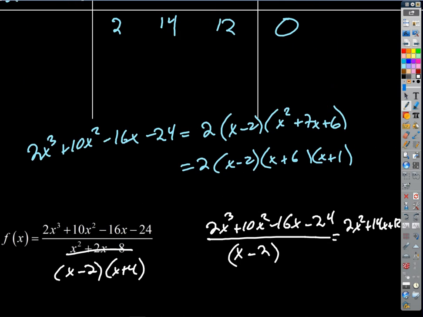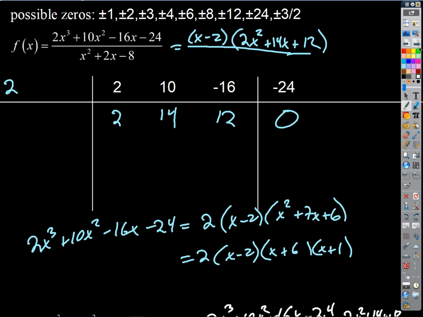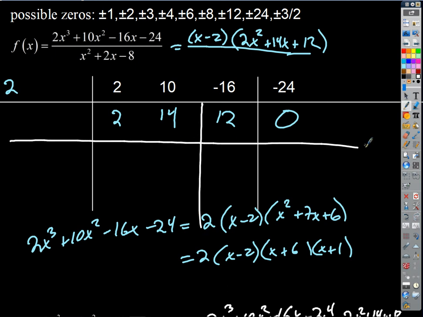If I divided first by 2 and got a 0, then all I'd have to do now is the same process again. We're going to start over with this function and divide it by -4. Everybody see that?